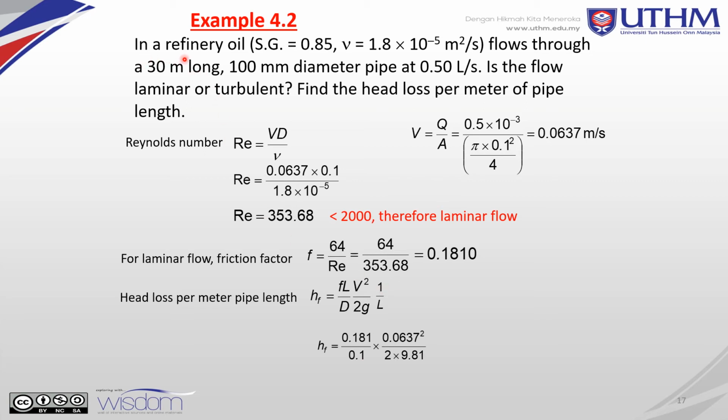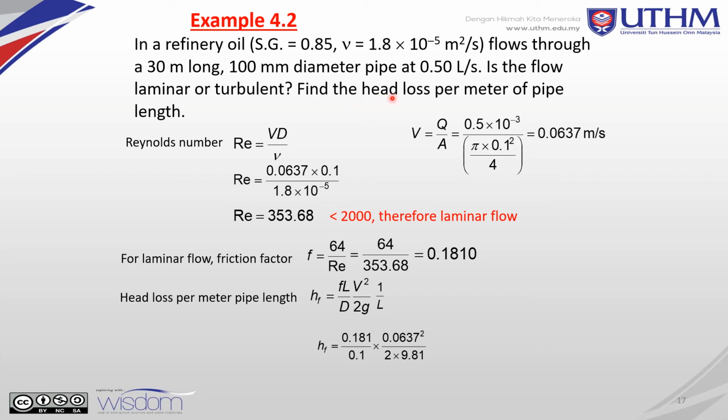Okay, so look at example 4.2. In a refinery, oil with SG equal to 0.85 and viscosity 1.8 times 10 to the power of minus 5 flows through a 30 meter long, 100 mm diameter pipe at 0.5 liter per second. Is the flow laminar or turbulent?